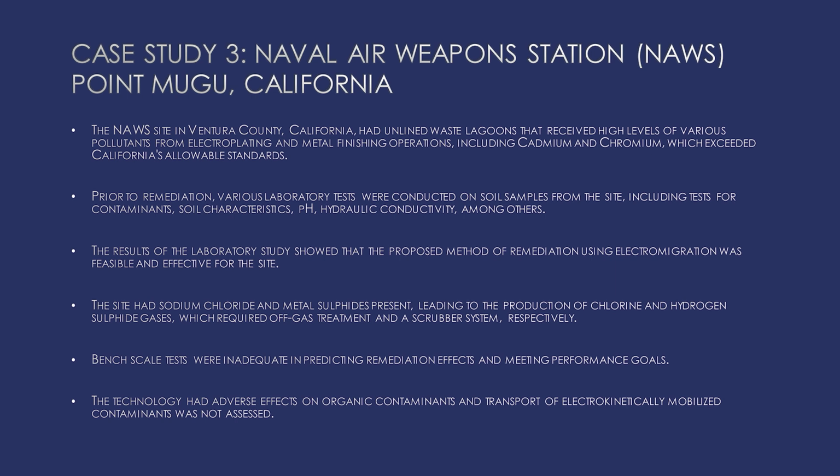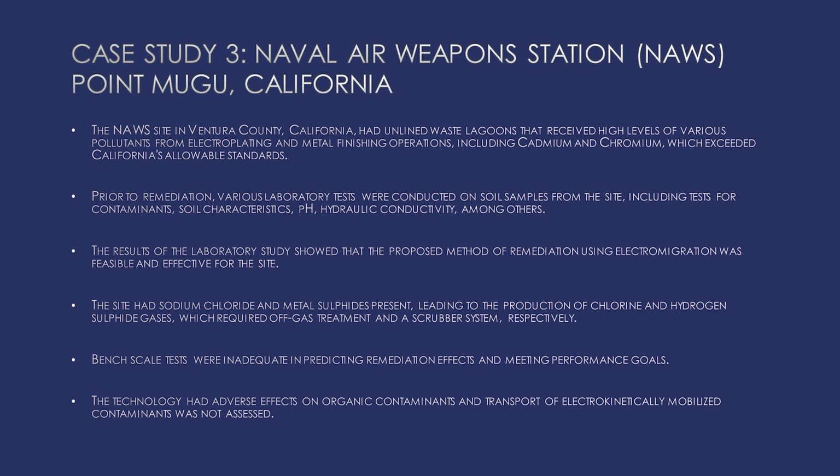Prior to remediation, various laboratory tests were conducted on soil samples from the site, including tests for contaminants, soil characteristics, pH, TCLP, cation exchange capacity, and hydraulic conductivity, among others.